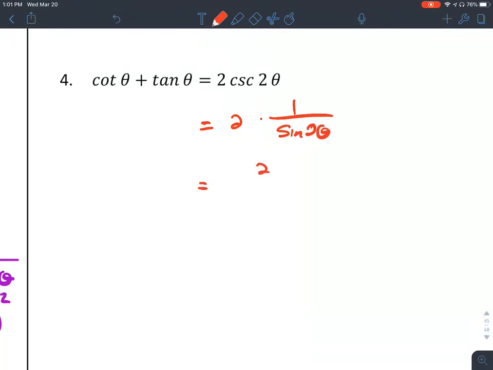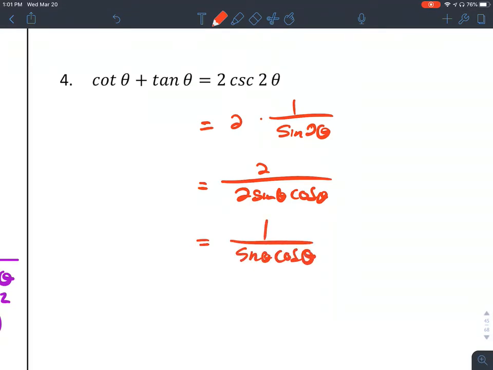And that's going to be equivalent to 2 over 2 sine of theta cosine of theta. The 2's cancel, and you get 1 over sine of theta cosine of theta. I'm going to chill there on the right side. I could make that cosecant of theta times secant of theta, but I'm going to go to the left because the left's pretty complicated and try to make it more simple.